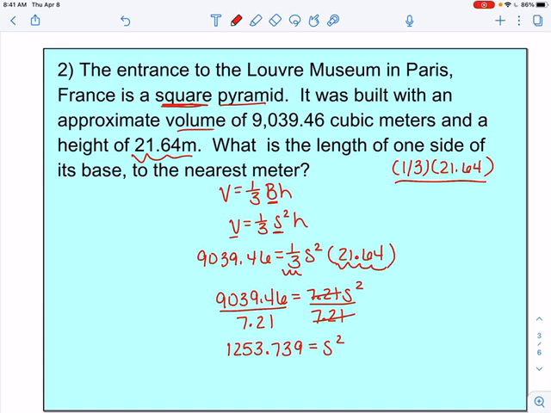Again, the question is asking you to the nearest meter, so we're going to round our answer to the nearest whole number. How am I going to get that answer? The opposite of squaring something is taking the square root. And when you round that to the nearest whole number, it should come out to an answer of 35. So one side of that square base is going to be 35 meters.